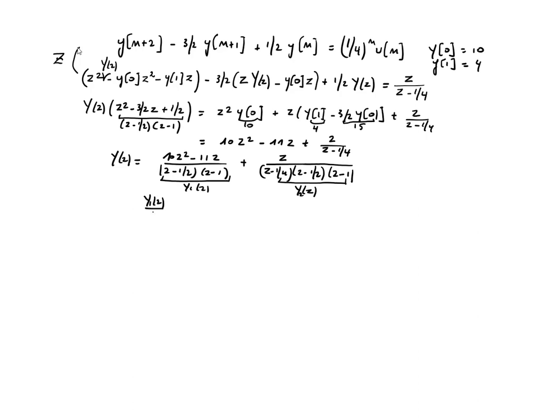Well, y1 of z over z, we can decompose it as a over z minus a half plus b over z minus 1, right? So a will be, so y1 over z is 10z minus 11 over z minus a half, z minus 1.